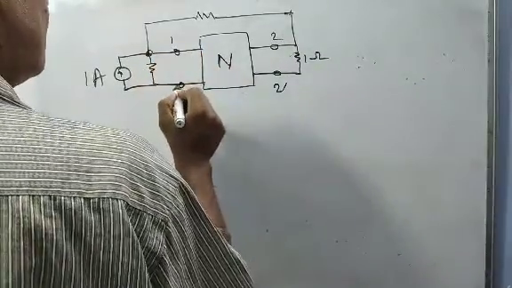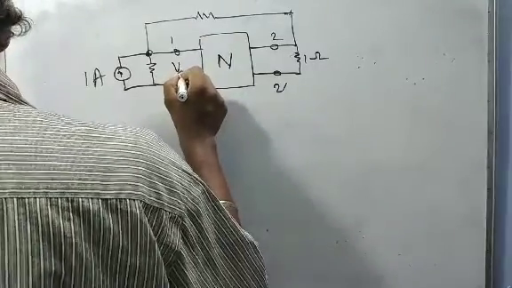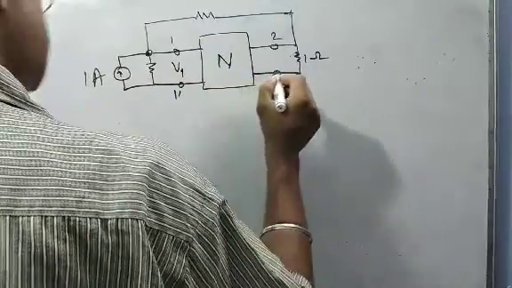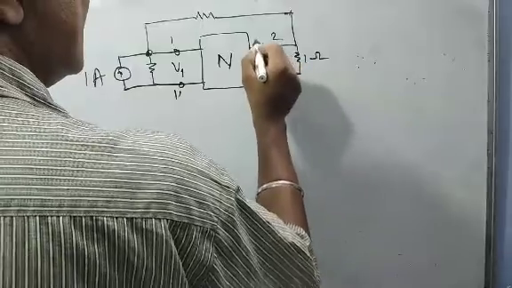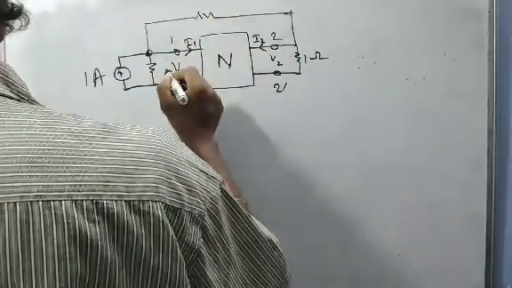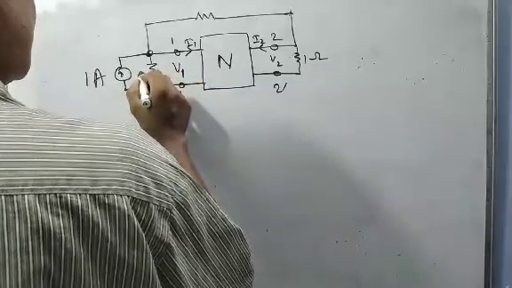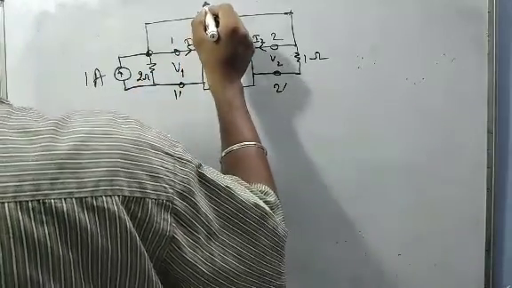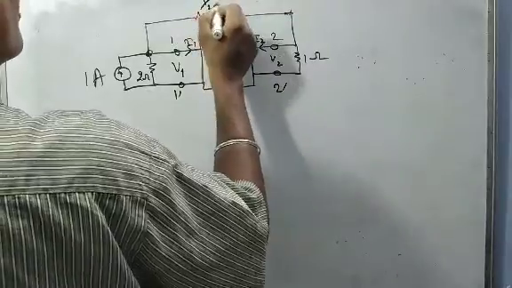This is 1 prime, this is your V1, and this is your V2. Here it is I2, here it is I1, and here it is 2 ohms, and here it is half ohm.